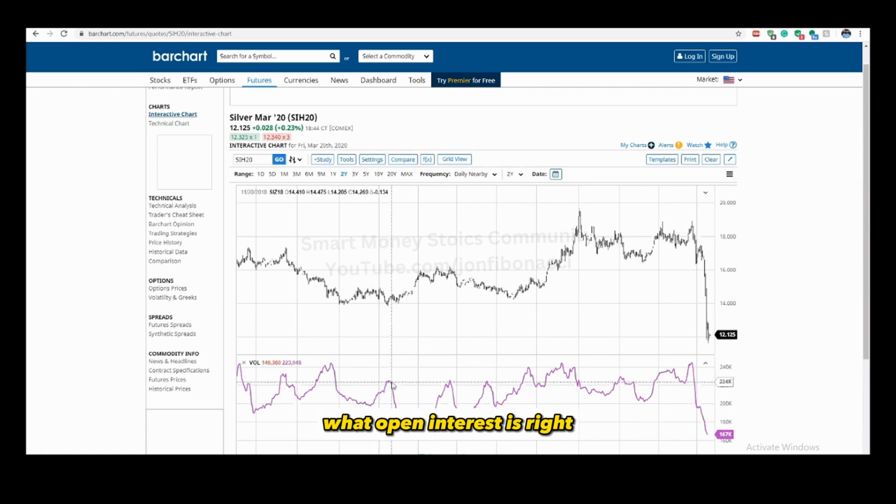What open interest is, right? We went through what it is. When you understand open interest, when it's dropping, okay, when open interest is going lower, that means the short positions are decreasing, right? They're decreasing short positions.